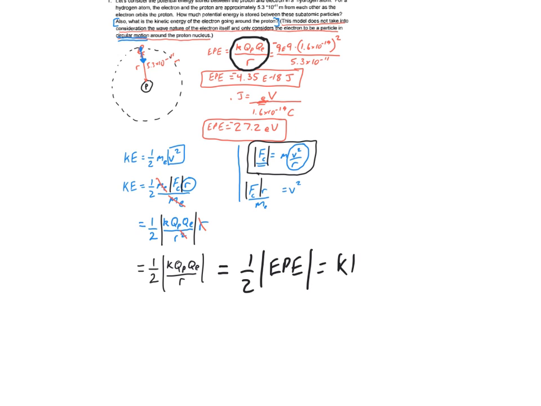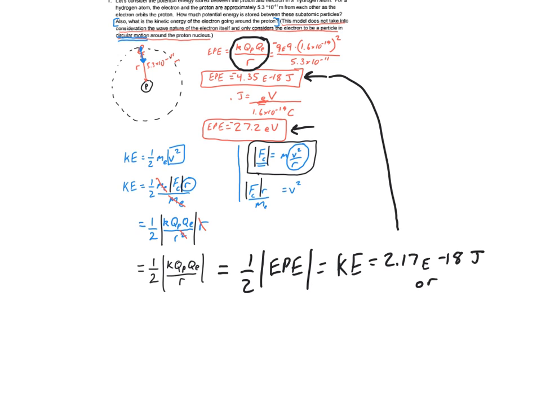Therefore, the kinetic energy is going to be equal to half of this, your choice of units. So 4.35 times 10 to the negative 18 divided by 2 gives me 2.17 times 10 to the negative 18 joules.